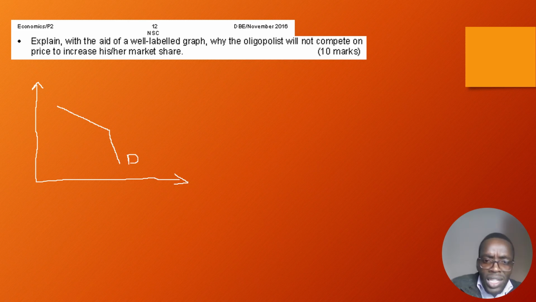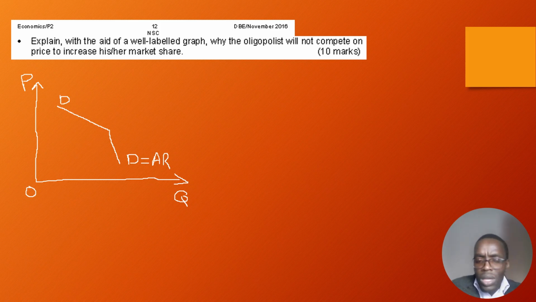That's the D, and we now know that our demand is equal to our average revenue, which is obviously equal to our price, correct? And this side is the quantity, and this side is our price, and this one is our origin. Now, this one we said D is equal to AR.